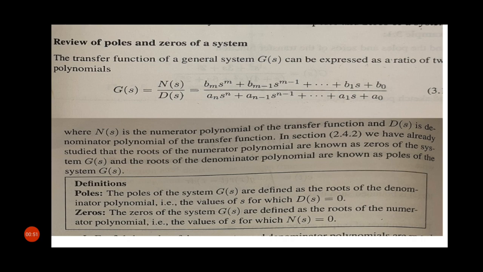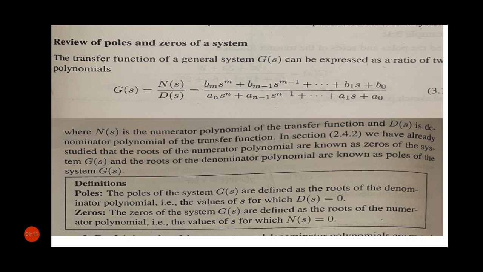We have already studied that the roots of the numerator polynomial are known as zeros of the system G(s), and the roots of the denominator polynomial are known as poles of the system G(s).